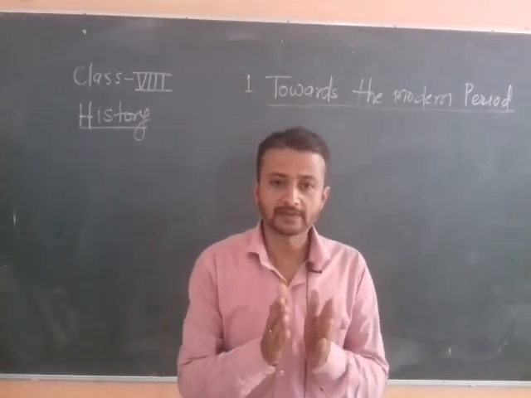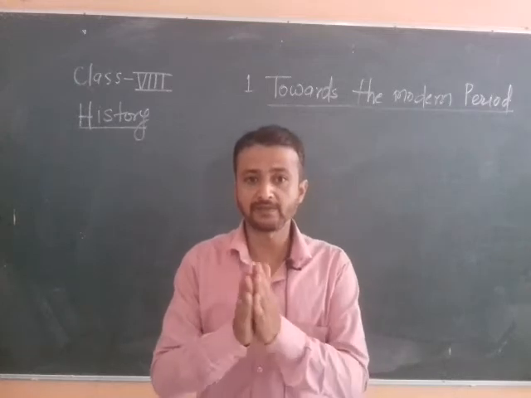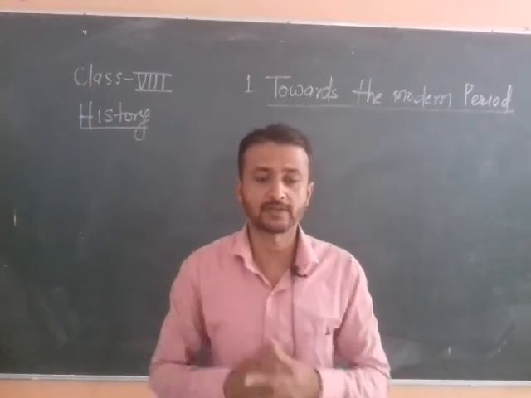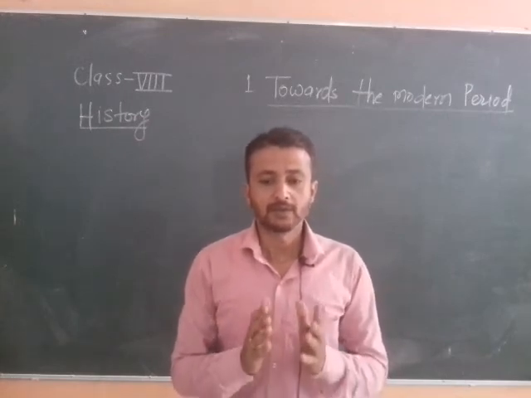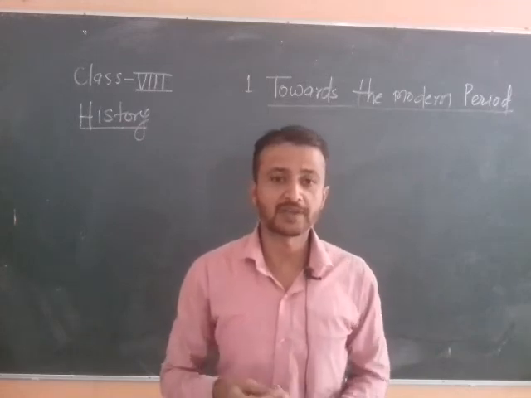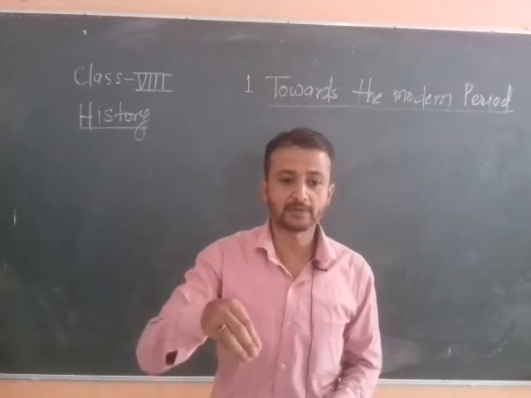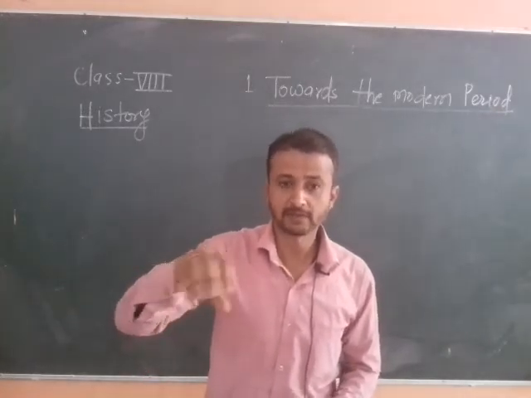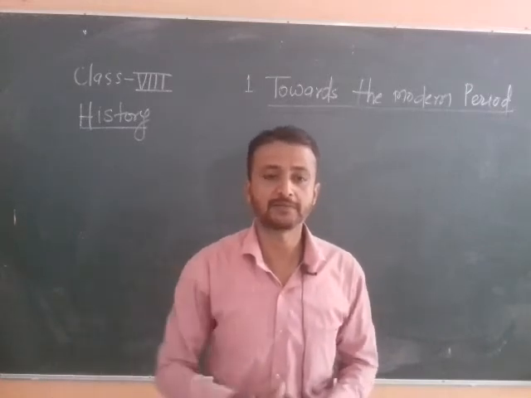But at the same time, there was a negative impact of modernization on society also. Due to industrialization, we all know that workers are being exploited by industrialists. In modern period, colonization also took place, and colonial governments like the Britishers exploited India.